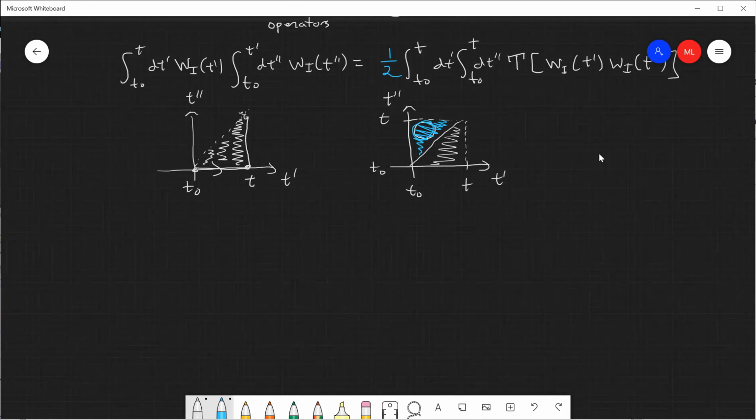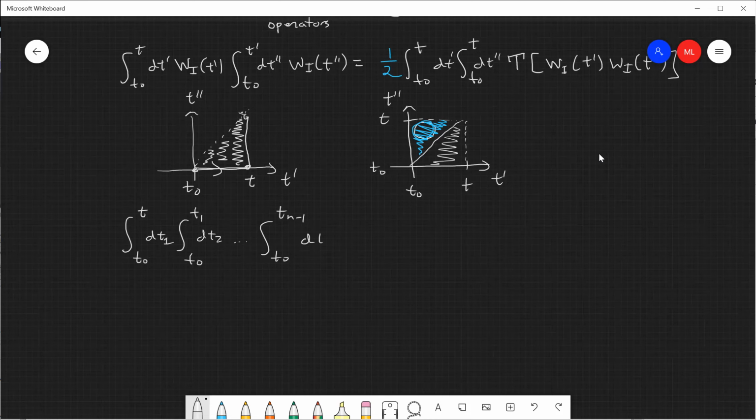So the general formula then is, if you have any set of iterated integrals, let me call these T1 up to T, and you have dt2, and so on, all the way out to T0 to T sub n minus 1, dtn, and then you have your products of the operators like this.